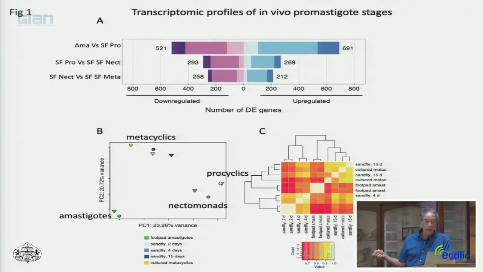And what we now appreciate is that metacyclics are already beautifully pre-adapted to life in the mammalian host, that these changes in their transcriptomic signatures really occur prior to their being deposited in the skin, and they're already beautifully adapted for that environment.